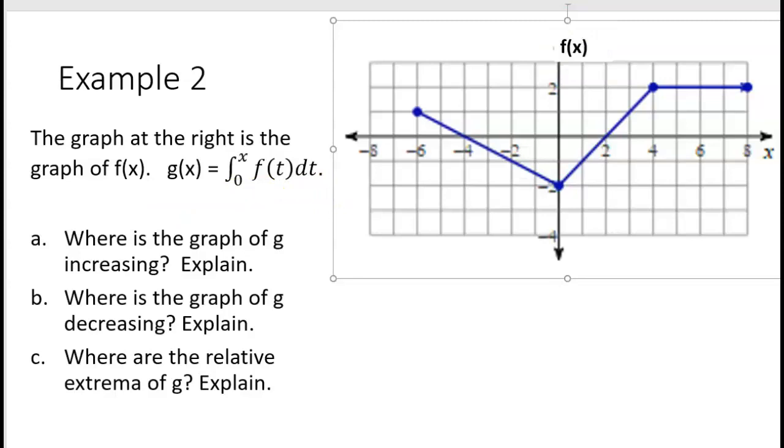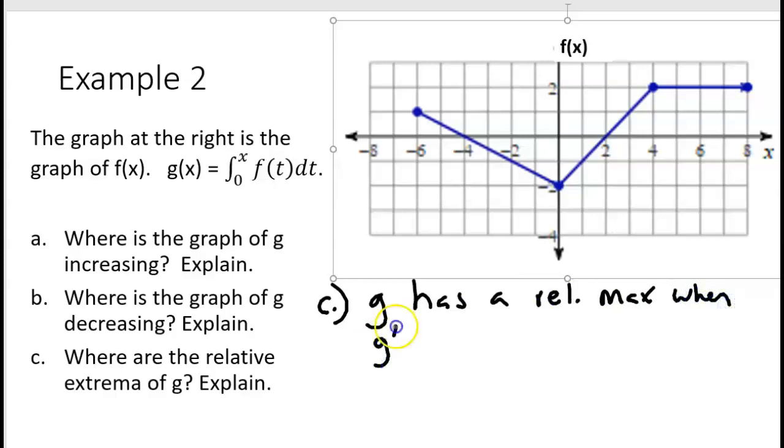All right, let's go ahead and take a look at C. Where are the relative extrema? Well, for part C, g has a relative max when g prime, which is the same thing as f, goes from positive to negative.